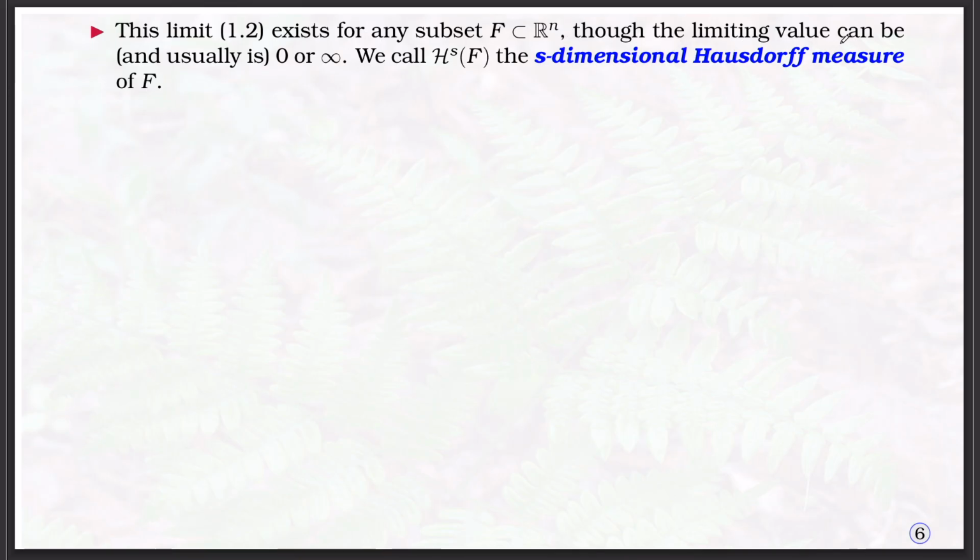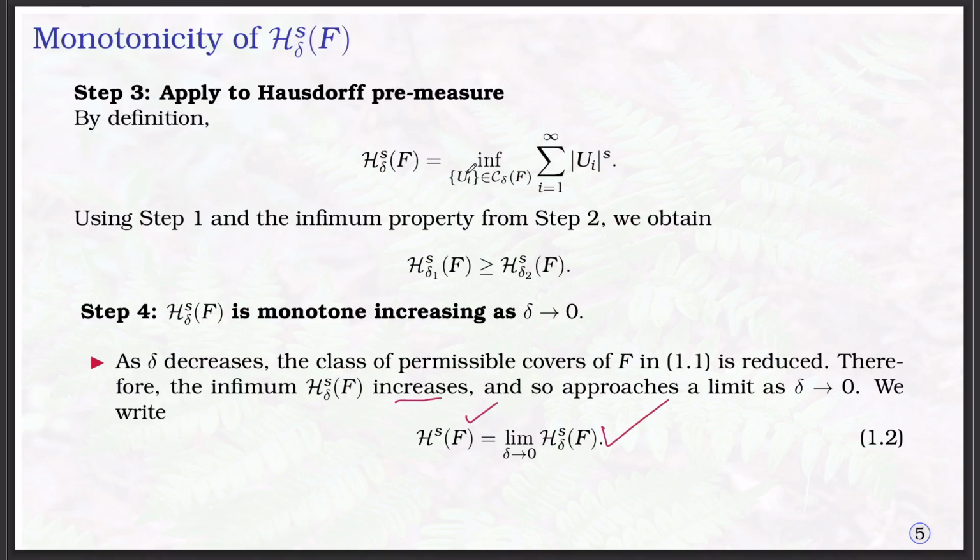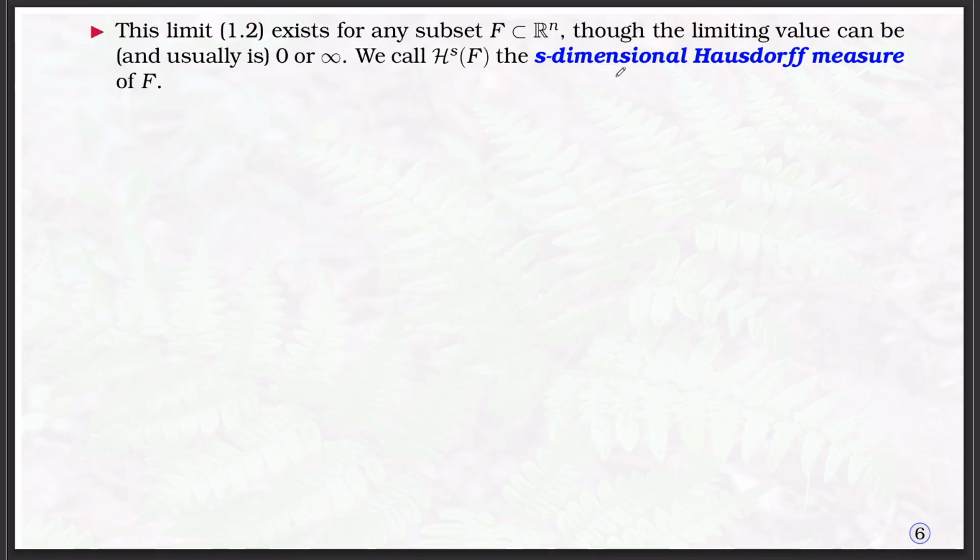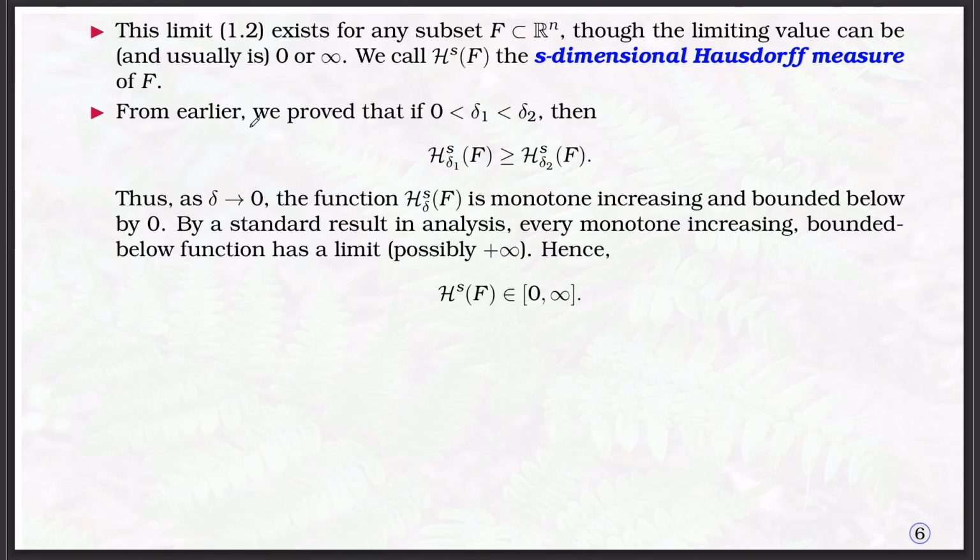Though the limit value can be 0 or infinity, we call this Hs of F the S-dimensional Hausdorff measure of F. From the earlier discussion, we proved that if delta 1 is less than delta 2, then H delta 1 of F is greater than H delta 2 of F. Thus, as delta tends to 0, the function is monotonically increasing and bounded below by 0.